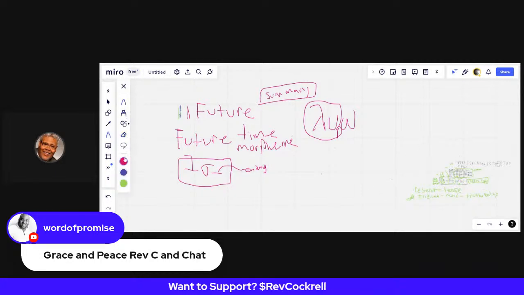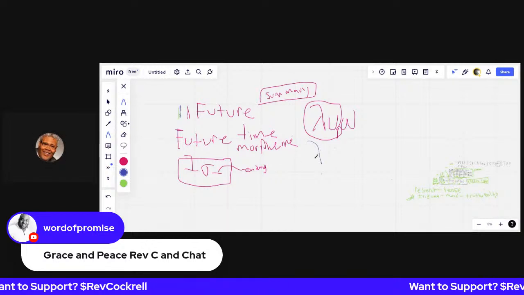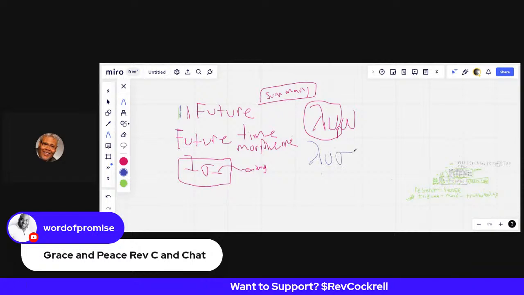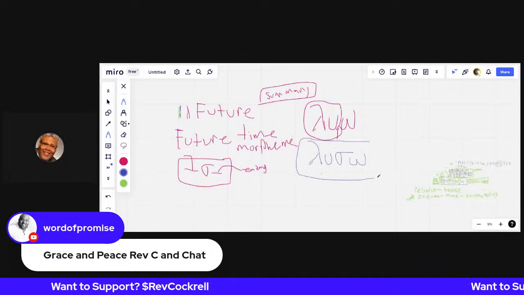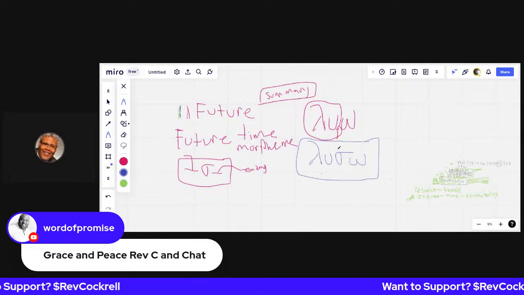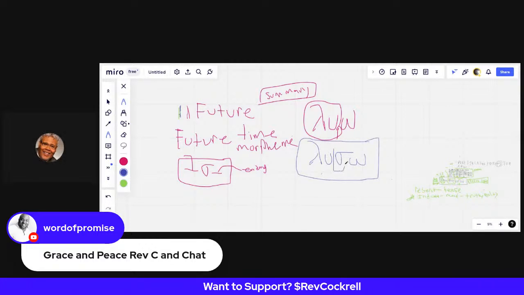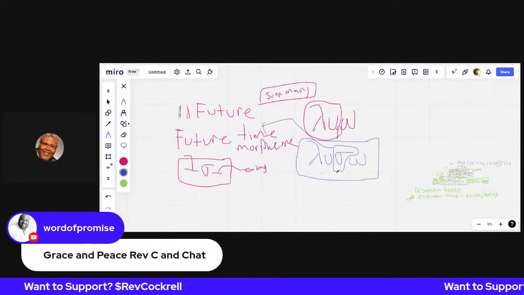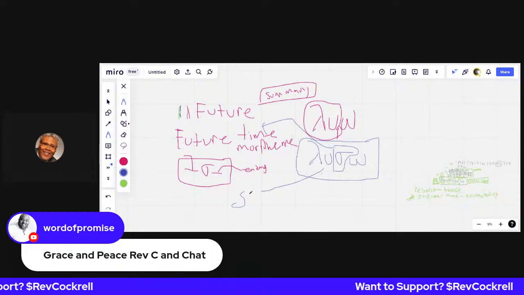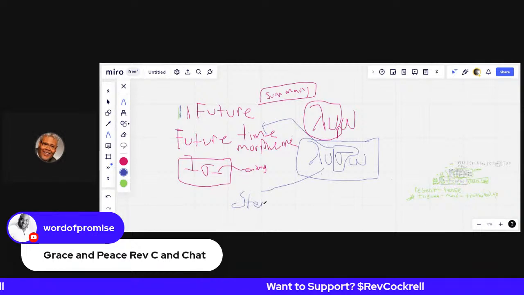All right. Future tense is lu, so. Lu, so. All I did was add a sigma, a future time morpheme, added it to the stem. That's all you do for future active indicative.